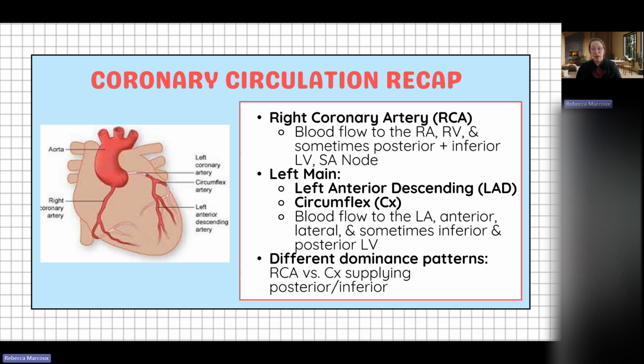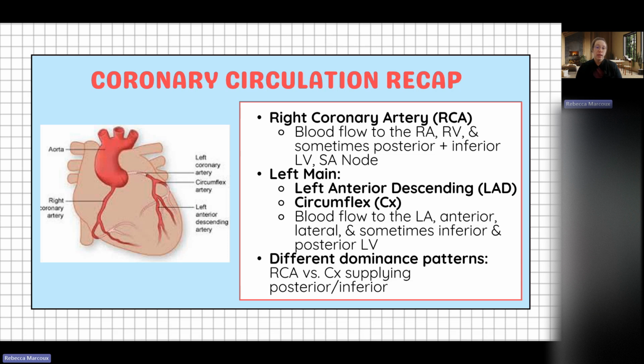It depends what people have as dominant circulation, but it pretty much always goes to the right atria, the right ventricle, and to the sinoatrial node. If you remember the sinoatrial node, that's our main pacemaker of our heart. That's what should be functioning when we're in normal sinus rhythm. So it's important when we think about right coronary circulation that if it's blocked, we often do get some issues with our pacemaker.